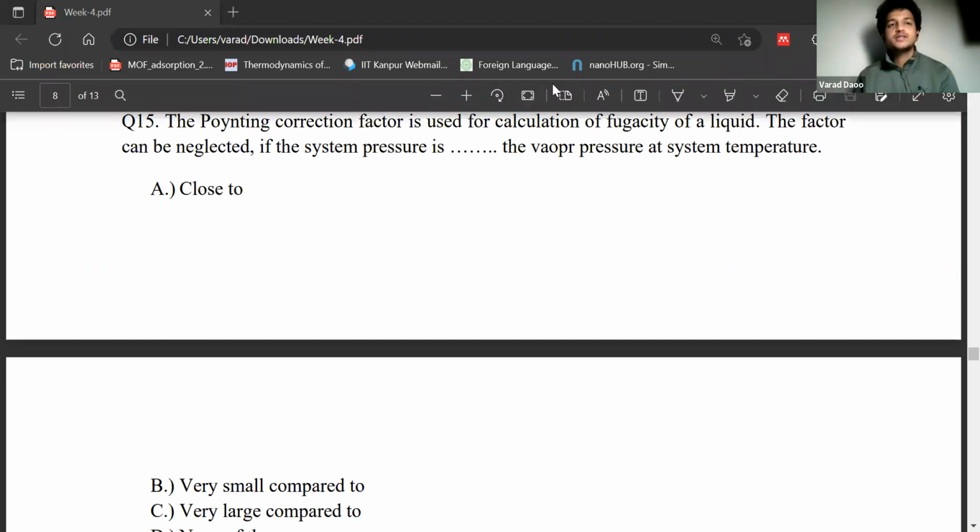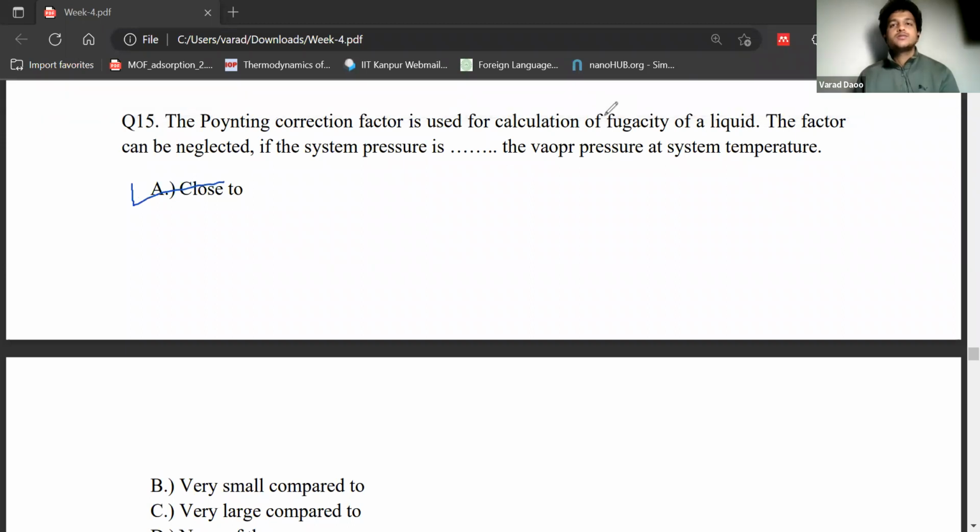What is the correct answer? The correct answer is very close, right?